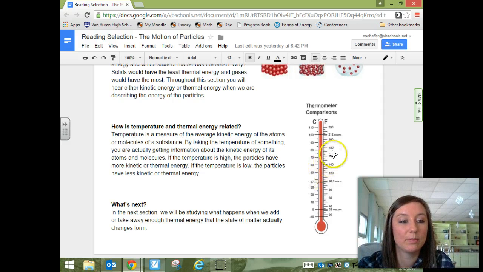So if we look here too, I put a picture of a thermometer with the Celsius and Fahrenheit representations. We in the United States use Fahrenheit, but the rest of the world and scientists use Celsius. So I thought that this might be a nice resource for you to have. When you're seeing a lot of Celsius degrees, what does that equate to? The big thing is 32 degrees Fahrenheit is the same as 0 degrees Celsius.